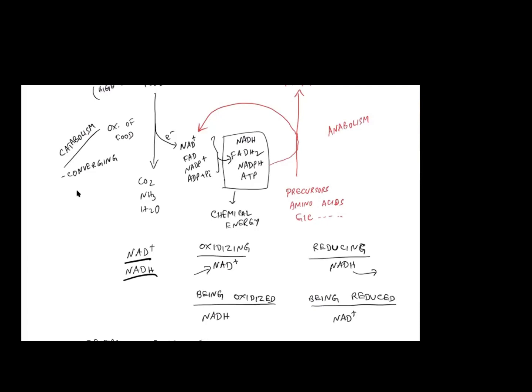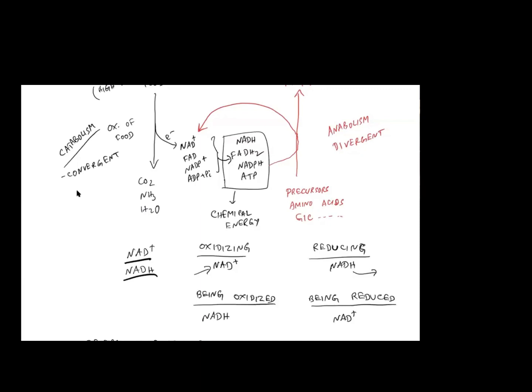We're going to see all the details as we go along, as precursors to make complex molecules, right? So from these common intermediates, we're making a bunch of other very complex molecules in the anabolic process. So anabolism is divergent. I should say convergent.